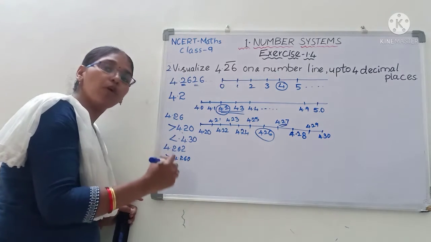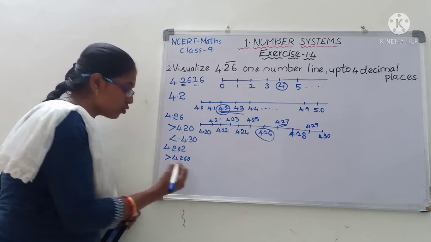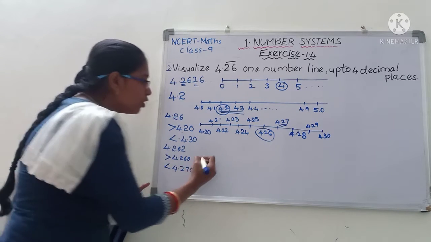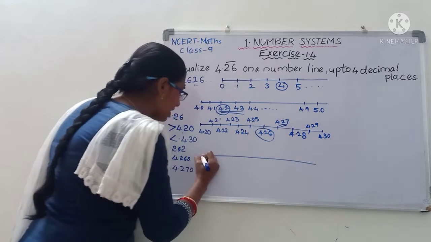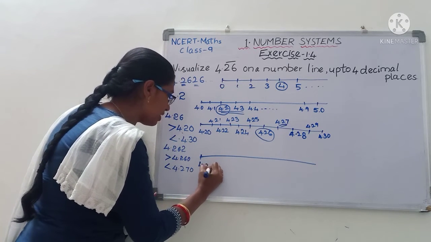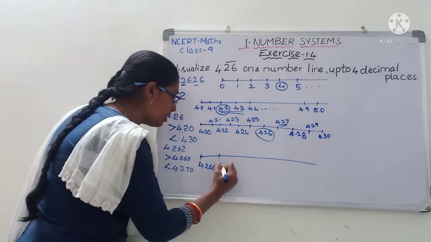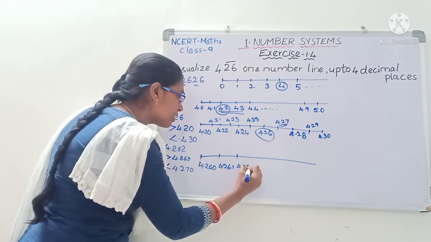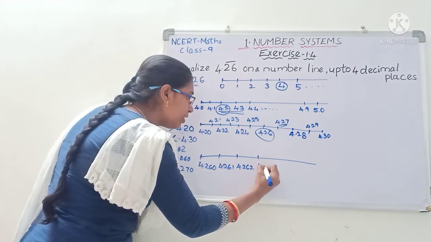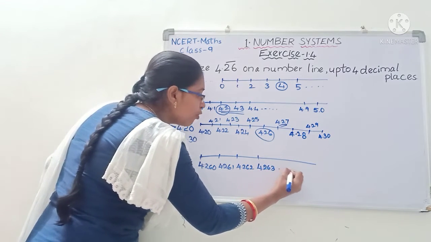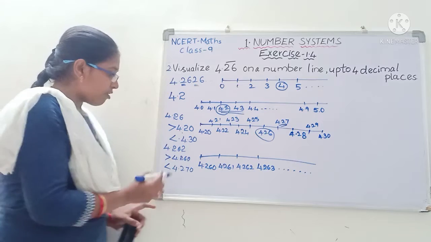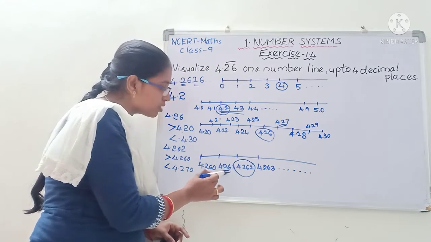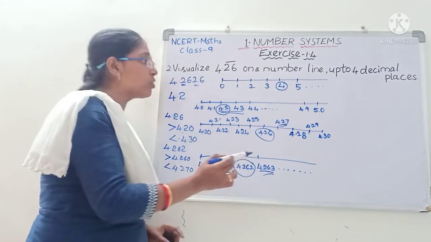After that you get 4.261, then 4.262. It is less than 4.270. So let us divide the line segment again. 4.260, then 4.261, then 4.262, 4.263, 264 and so on. So we can find 4.262 here. It is between 4.261 and 4.263.